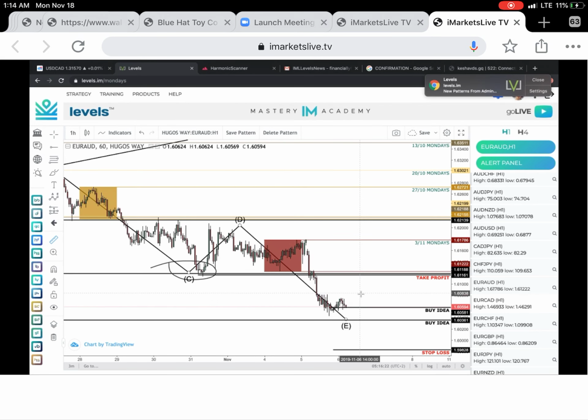Now, remember, these are the rules. Wherever your entry is, if you enter here and the market shifts up 25 to 30 pips, we're going to call it a win. This is just the extended target. You don't have to go for this target. If it goes up here, congratulations. But if the market comes here, let's say with my entry, and it shifts up 25 to 30 pips, I'll just mark this right here at 30 pips.